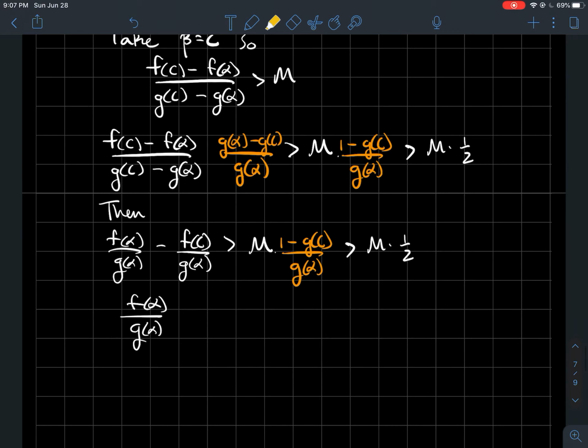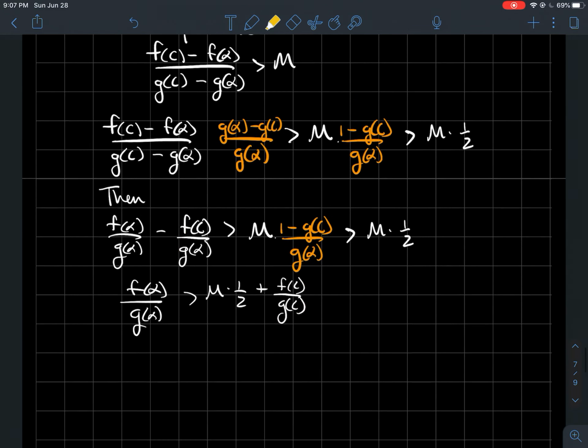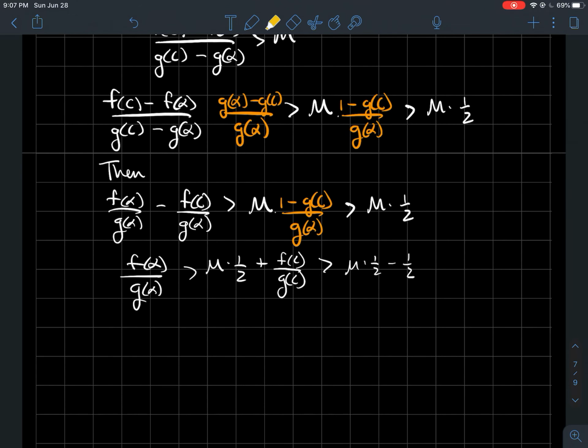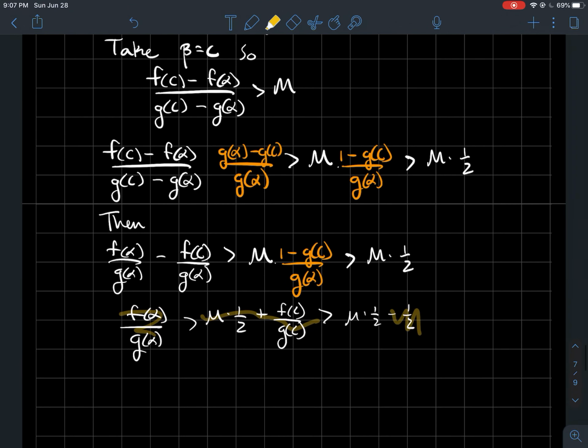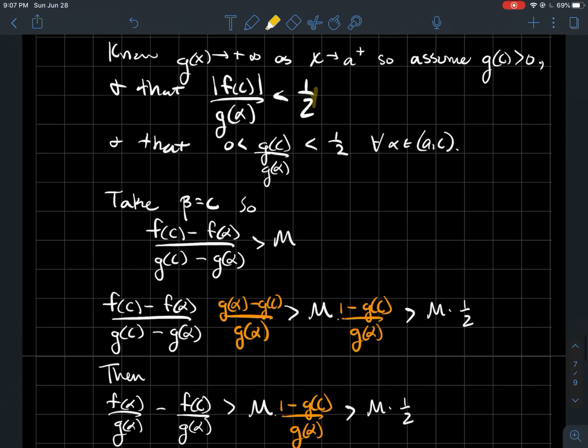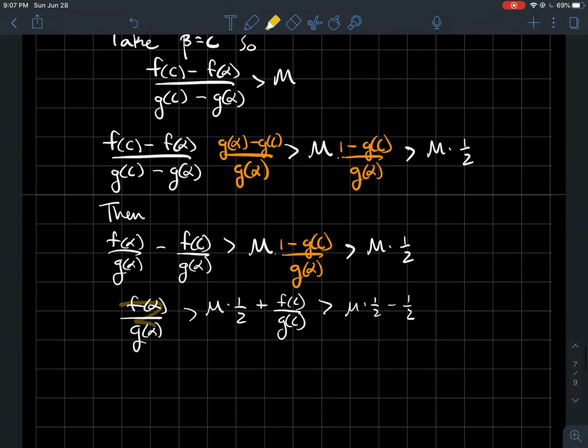Now I'm going to add this over to this side. And when I do that, I know that if f of c over g of c is bigger than this stuff, then it should still be bigger when I take 1/2 away, right? Because what did I assume up here? I assumed that, at worst, this is a half. So I hope that makes sense.